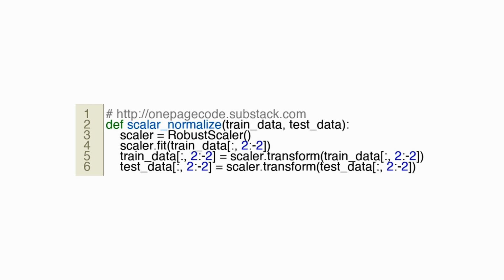Next, the code applies the scalar's transformation to the same columns in train data and also to test data. This means that the data in these columns in both train data and test data will be normalized using the same scaling values determined by the scalar object. Essentially, this code implements a normalization technique called robust scaling on specific columns in the train and test datasets.